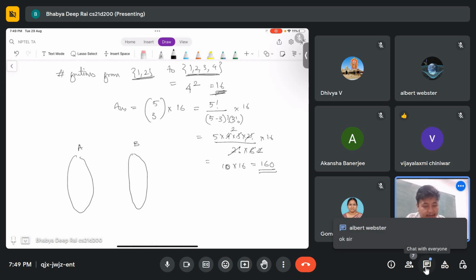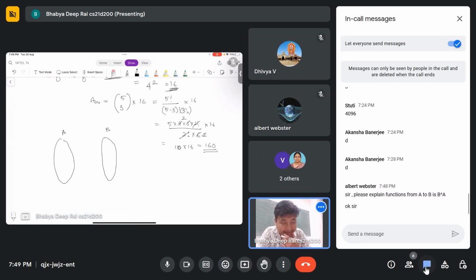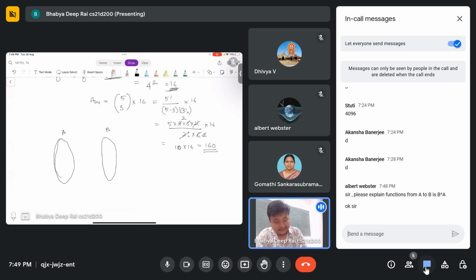Yeah, Albert. So I was explaining this A to B. Okay, so why is this the case? What is a function? First of all, a function is an element which maps to strictly one element.